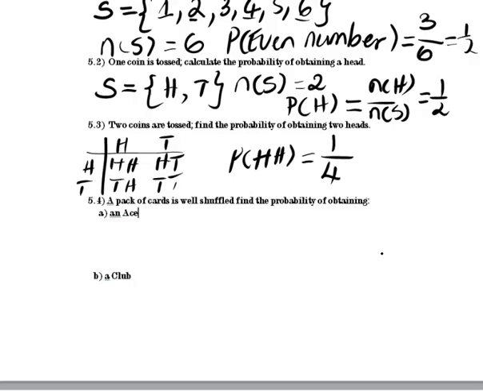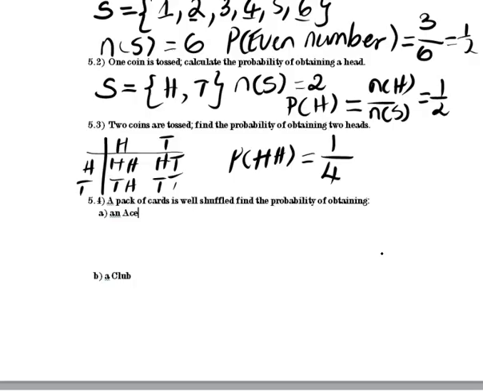And each of these suits has 1 king, 1 queen, 1 jack, and 1 ace. Which means in a pack of cards, there are 4 aces, 4 kings, 4 queens, and 4 jacks.